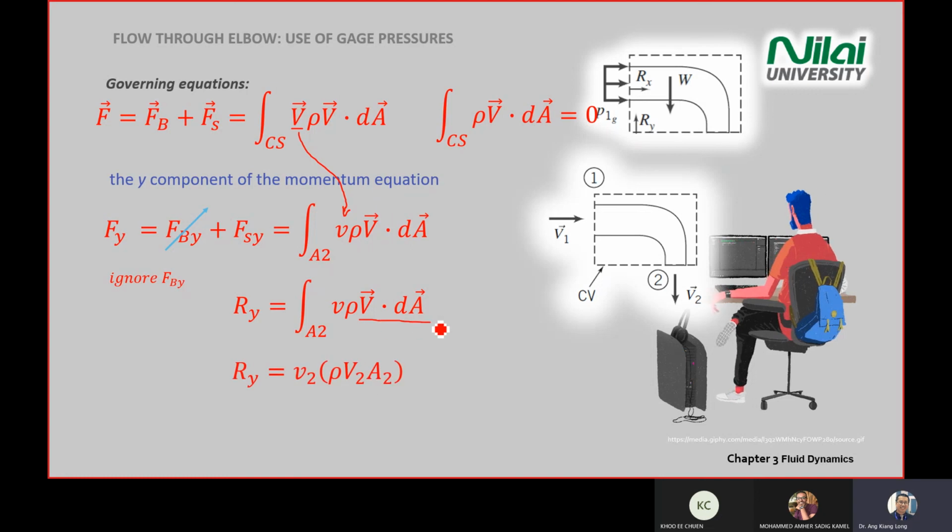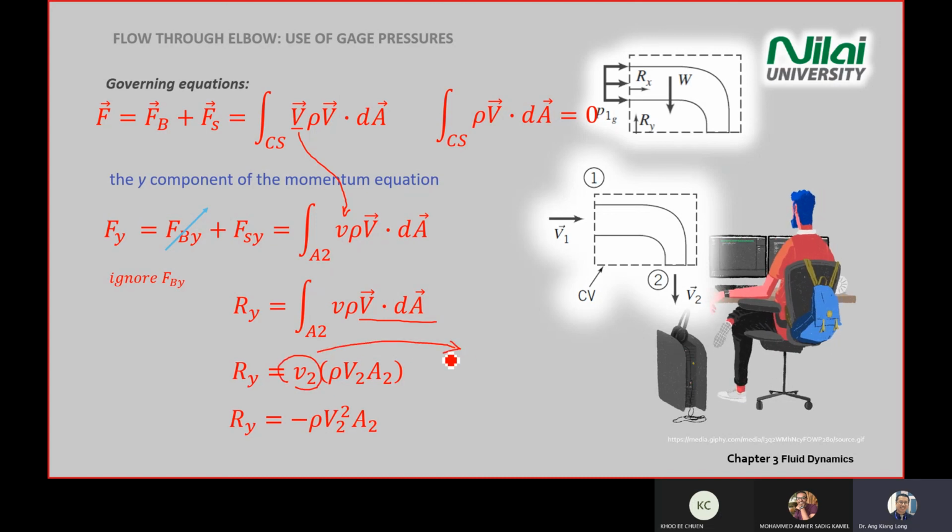You should know why, if you look at section 2, you only have the positive sign. And then when you substitute your V2 here, be careful.